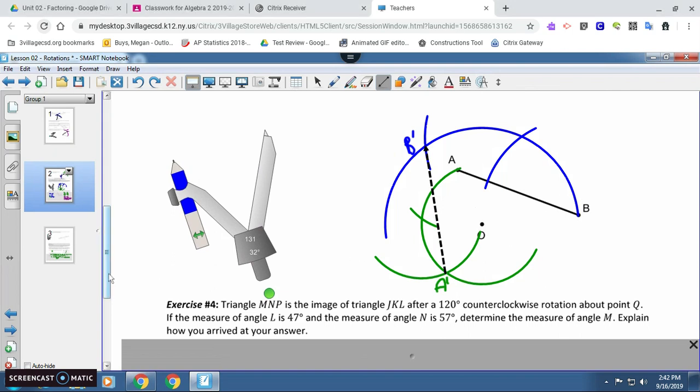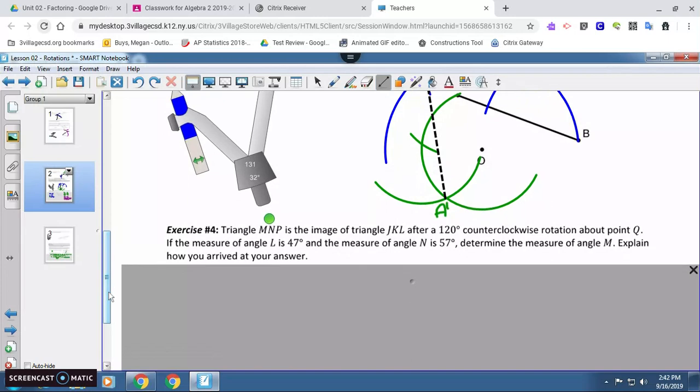Now on your page with exercise 4 here, you'll see that we are talking about a triangle MNP, which is the image of triangle JKL after a 120 degree counterclockwise rotation about point Q. If you measure the angle L, it's going to be 47 degrees. And we measure the angle N, it's going to be 56 degrees.